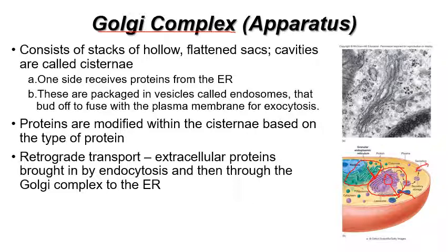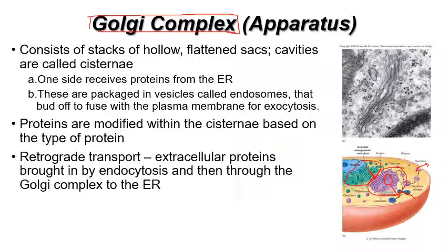If you remember, hormones get secreted, so if they're a protein hormone, a peptide hormone, they would be packaged in the vesicles at the Golgi complex. So the Golgi complex does modification of the protein and then packages it and sends it on to where the protein needs to be sent.